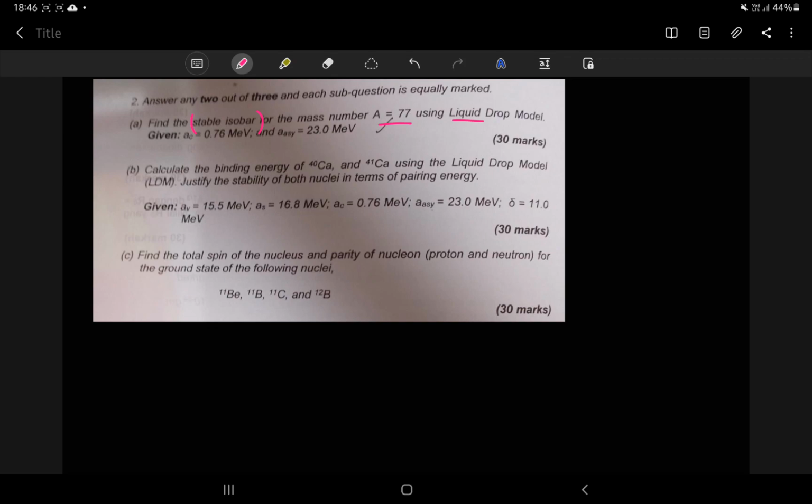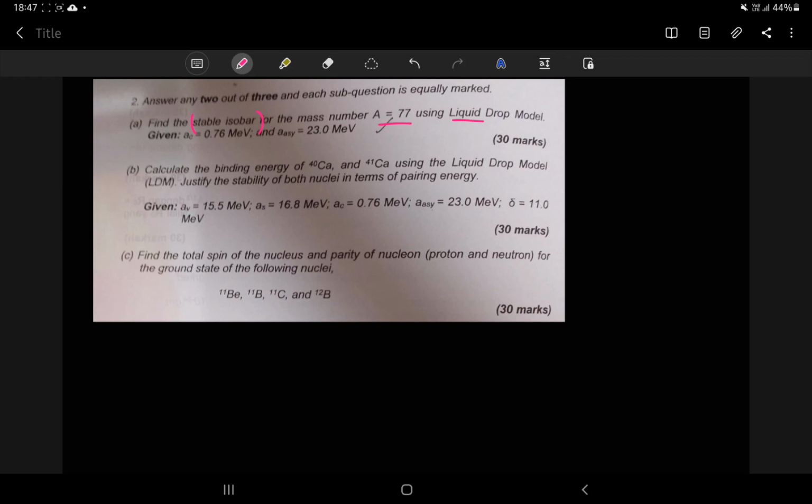The force which holds a liquid drop together is analogous to the nuclear force holding the entire nucleus, consisting of neutrons and protons, together. Because proton and proton are positively charged, they repel each other, so the force which holds them together is the nuclear force, the weak range of nuclear force.